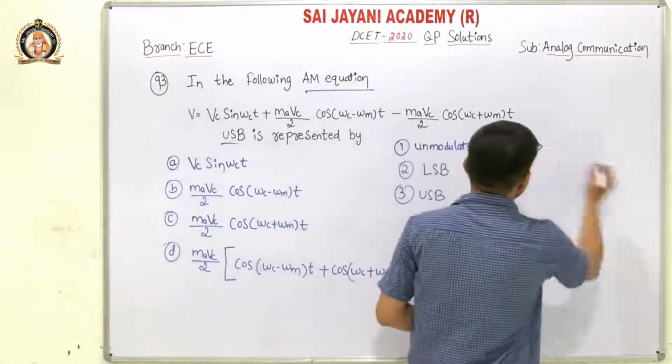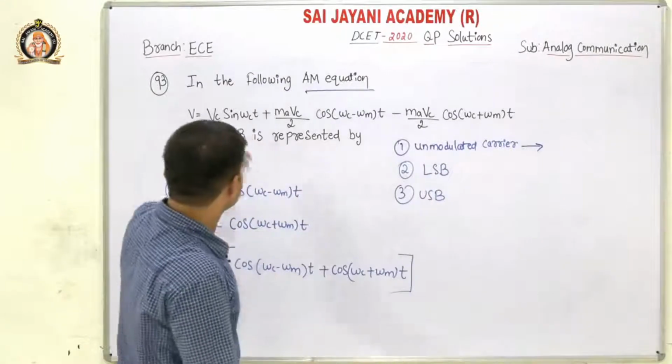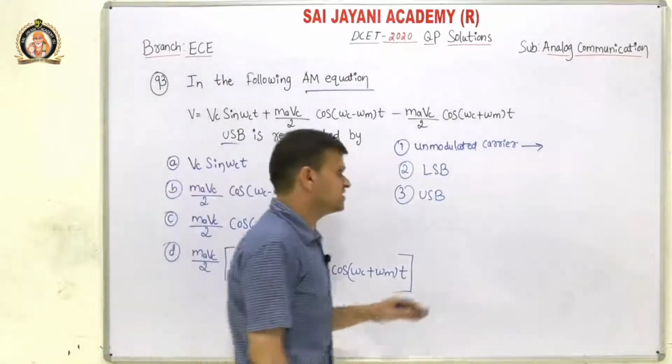The unmodulated carrier signal is represented by Vc sin omega Ct.